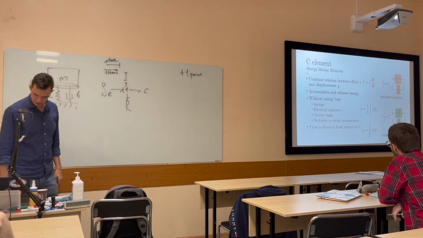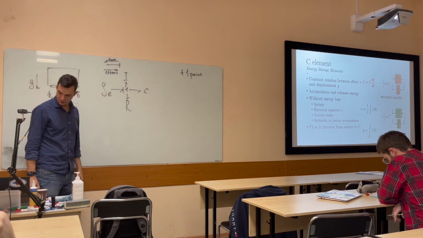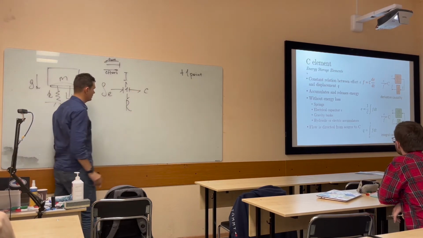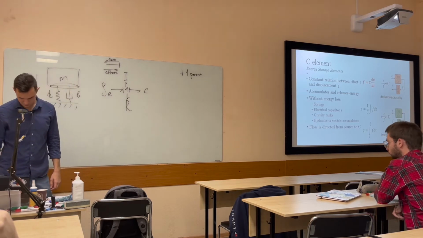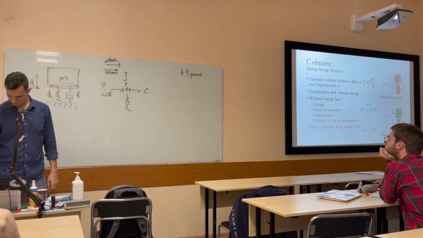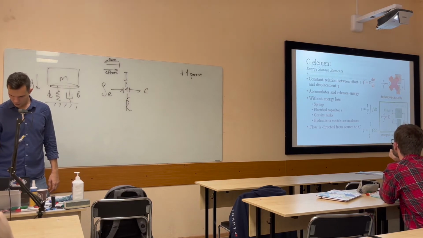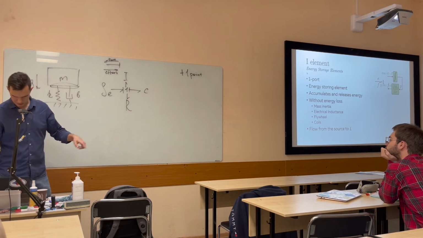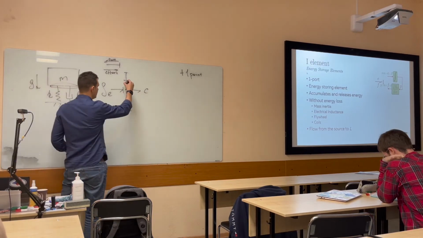For the C element, we would like to use integral causality, and for this reason we'll put a sign here, as you can see on the bottom. For the I, we also would like to use integral causality, and this is why we put a sign here.